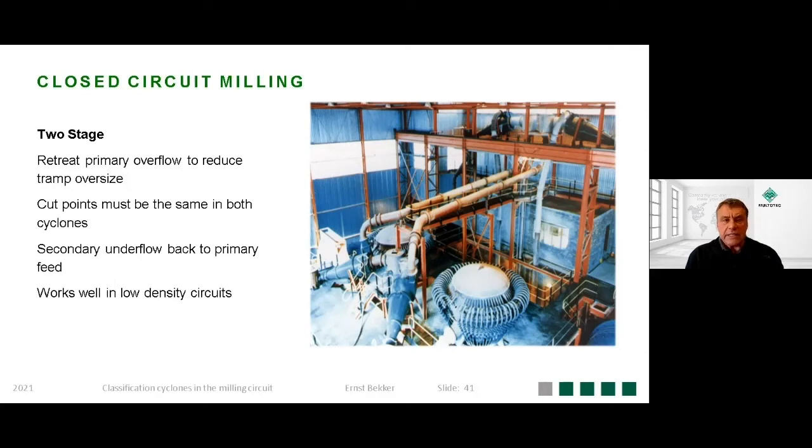If you've got a high density circuit, a two-stage unit is not going to work. The reason for that is that your secondary cyclone will still have acceptable feed conditions, but your primary cyclone is going to operate at much higher feed densities, and that will render that cyclone inefficient.